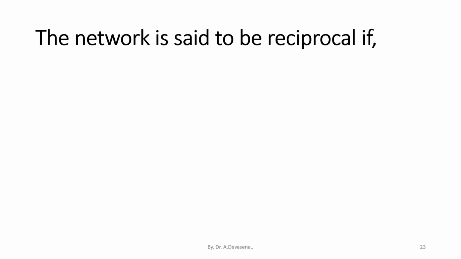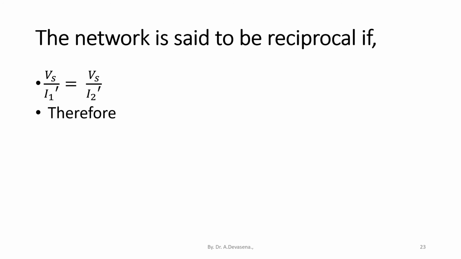The network is said to be reciprocal if the condition of reciprocity, Vs divided by I1 dash is equal to Vs divided by I2 dash, has to be satisfied. Therefore, we know the value of Vs divided by I1 dash and we know the value of Vs divided by I2 dash. Let's substitute these values from the above equations.